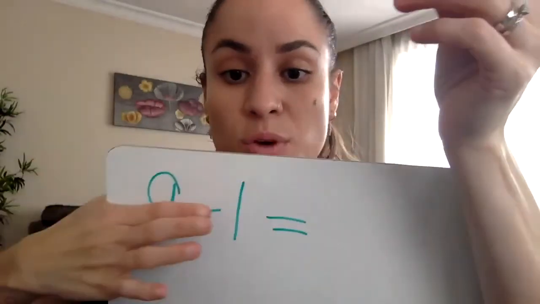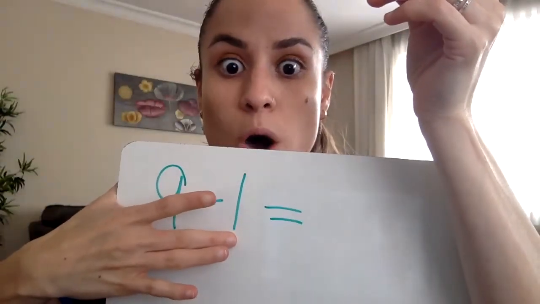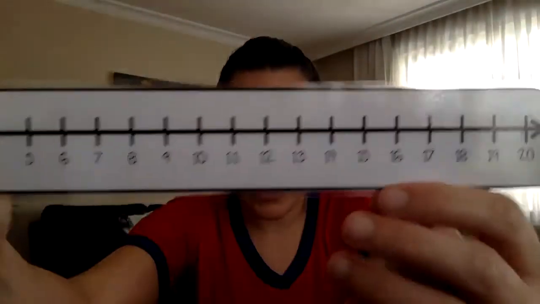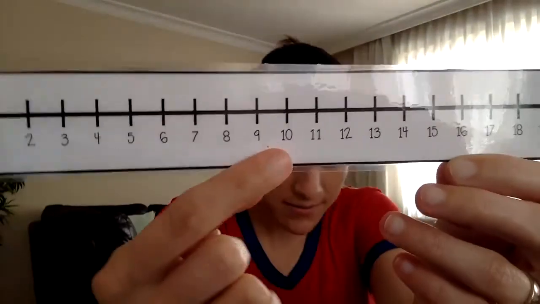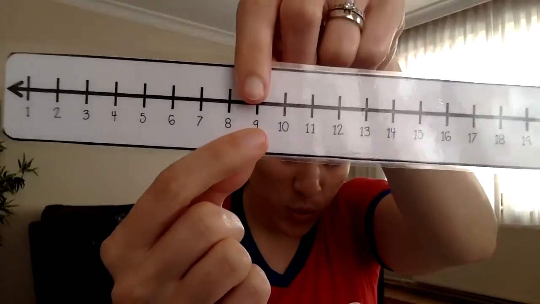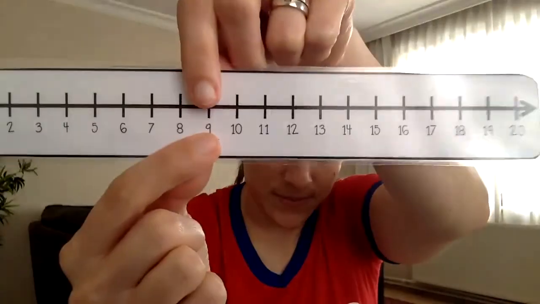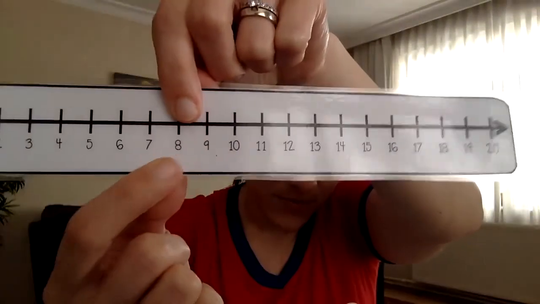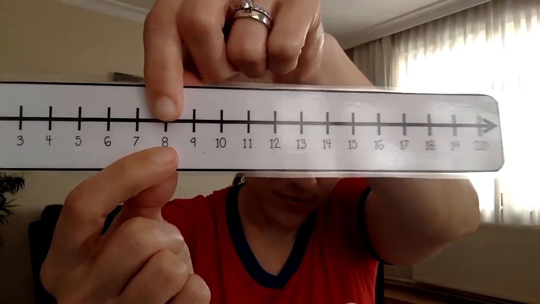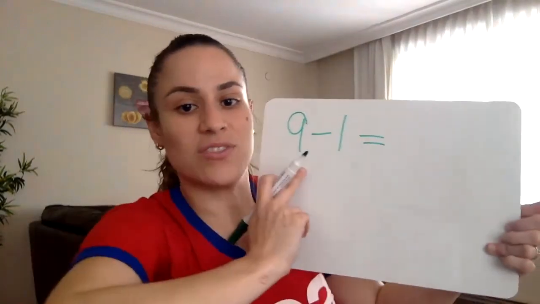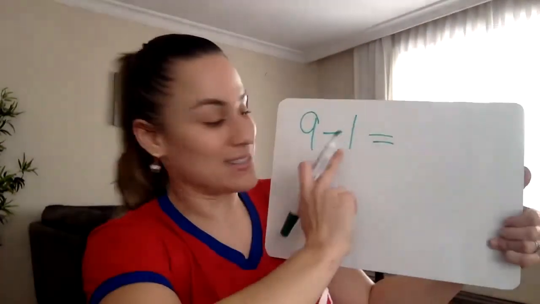We don't have to jump forward, but we have to jump backwards. And how many times do we have to jump backwards from 9? Once, only one time. So in here, we have number 9, and we're going to jump once backwards. What number do we have there? 8. So 9 minus 1, 8.